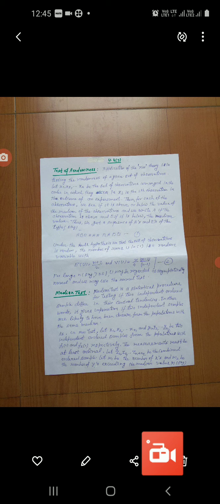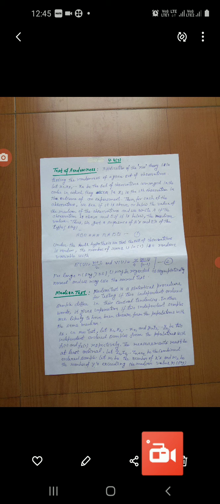Now it is given that the measurement must be at least ordinal, and let z1, z2, up to z(n1 plus n2) be the combined ordered sample.